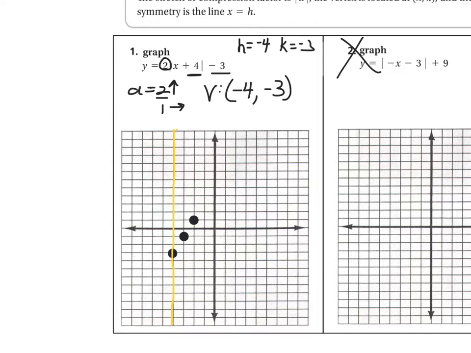So then I go over 1 point from there, put a dot, and I go 2 points from there, put another dot over there, just like so. And now I can draw my V. So this V is going to look like so. It's going in an upward direction because my a value is positive.